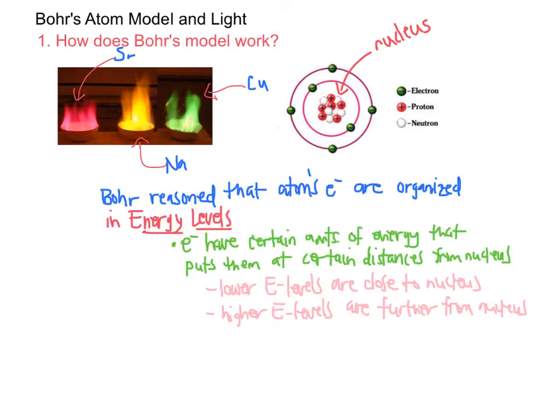He said that these electrons are organized in energy levels that have fixed distances from the nucleus and fixed pathways, and that the electrons orbit in those pathways.